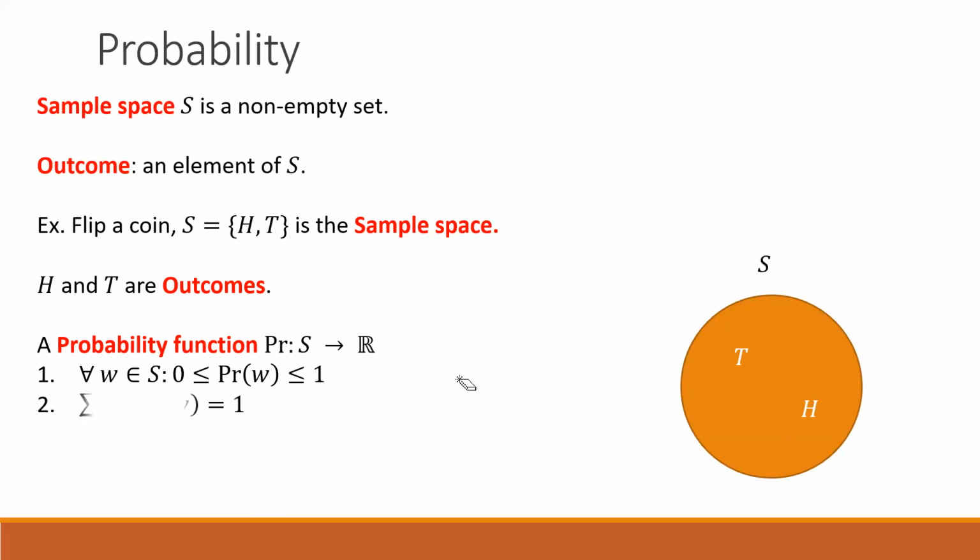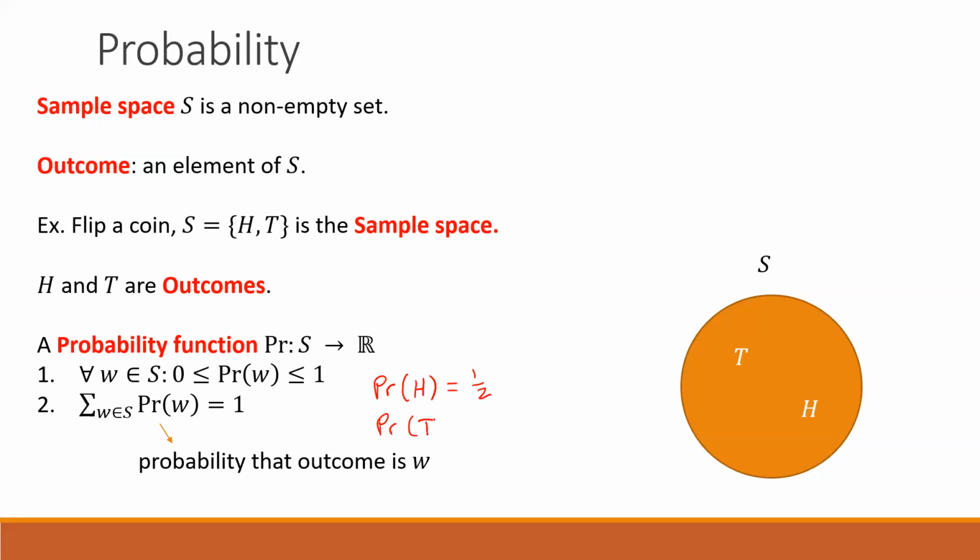But the other attribute of my sample space is that all of the probabilities of each element must add up to 1, right? So for example, my probability of getting heads is equal to 1/2 or 0.5. My probability of flipping tails is equal to 1/2.